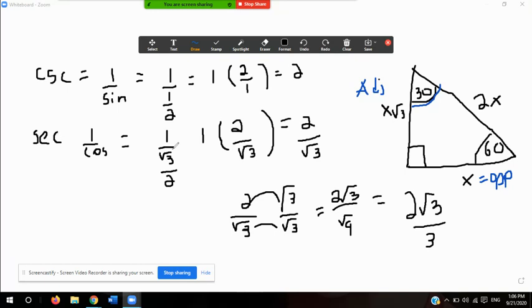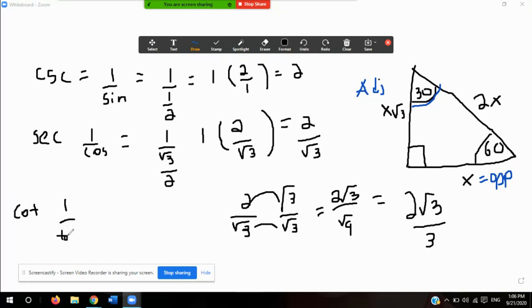Now the cotangent, and I'm actually going to erase this one. Let's see if I have some space down here. So the cotangent is the opposite of the tangent. So if we use our identity, we say 1 over the tangent of z.